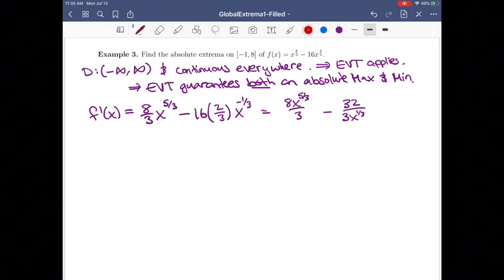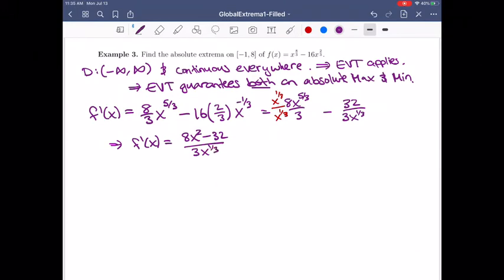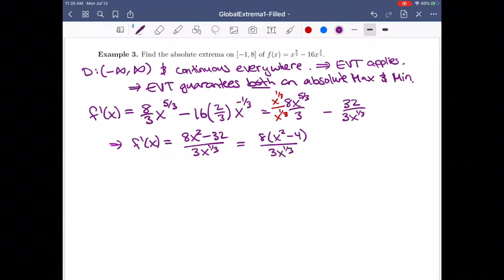I want a common denominator, so I'm going to multiply this first one by x to the 1/3 over x to the 1/3. That gives me f prime of x is 8x squared minus 32, all over 3x to the 1/3. If I pull out the 8, just to make things nicer, it's x squared minus 4 on the top. So that's my derivative.